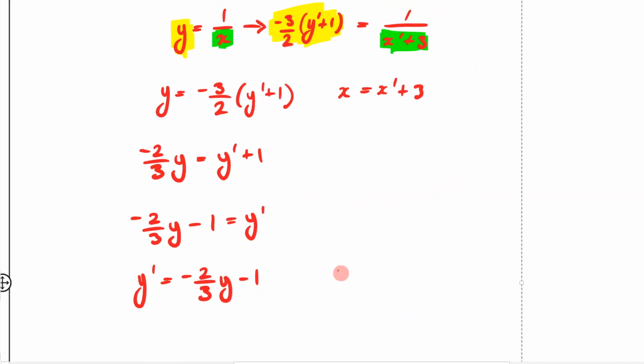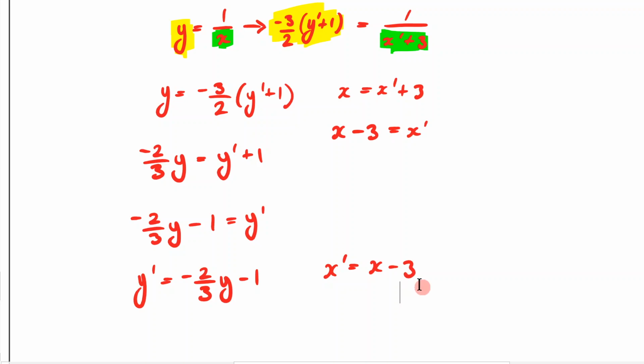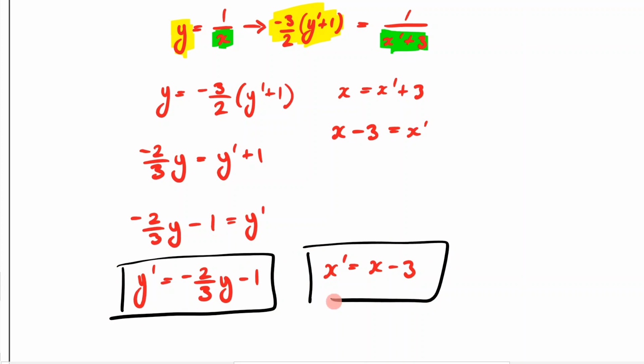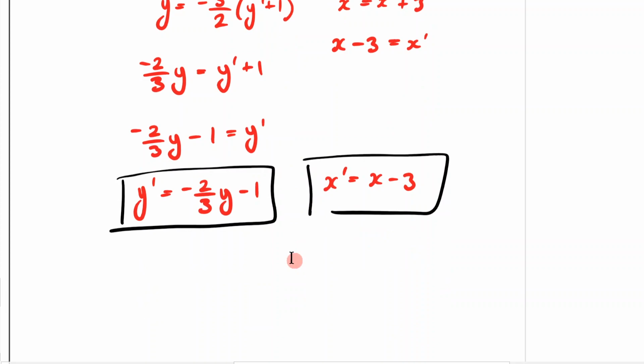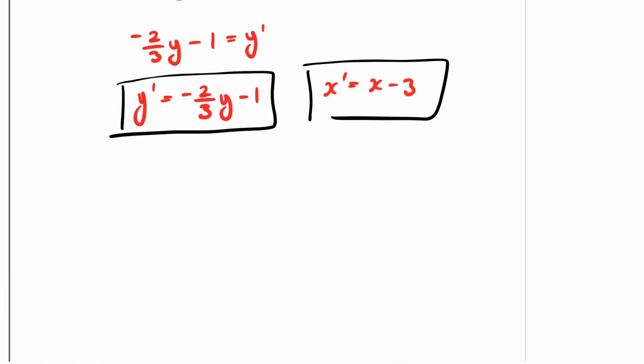And then on this side, it's super easy. Let me just do this slowly so we don't make any silly mistakes here. So it's going to be x dash is equal to x minus 3. Okay, so that is one side, and that is the other side. Now we can say the following.